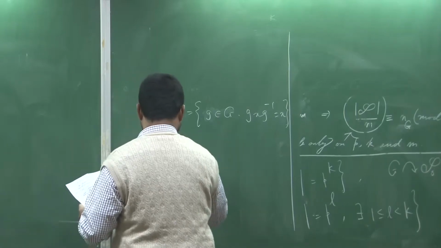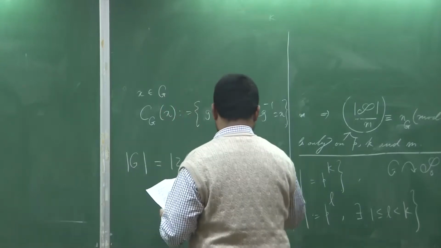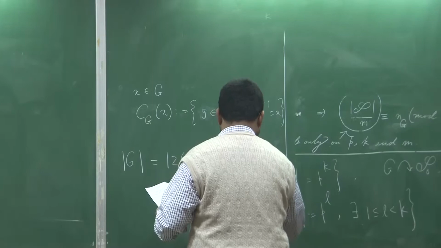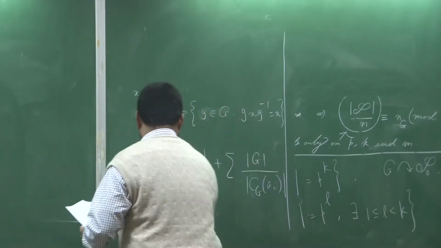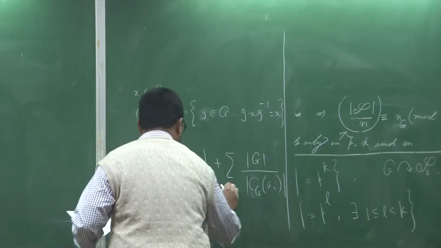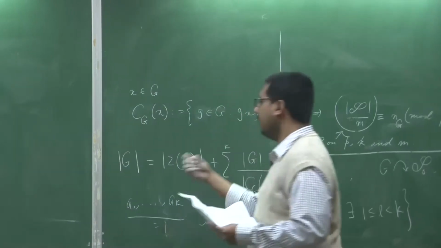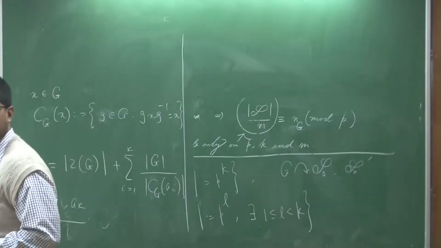Thus we see that the class equation in this way takes this form. Here a_1 up to a_k, i from 1 up to k, are the representatives from the distinct conjugacy classes. Okay, so with that I will finish.